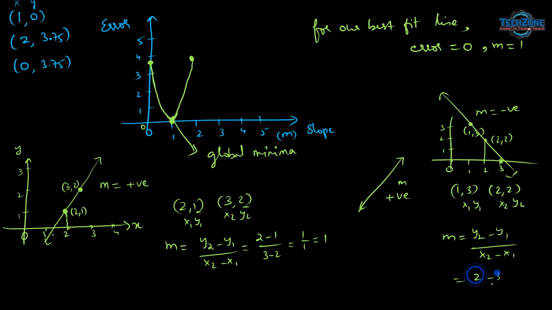So y2 minus y1 is 2 minus 3, and x2 minus x1 is this. So negative slope, right? So if we have a line like this, slope will be negative. Okay, so using this concept we'll learn how the value of m will change.